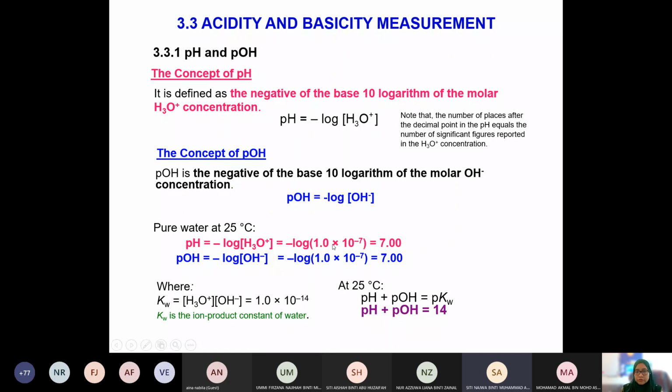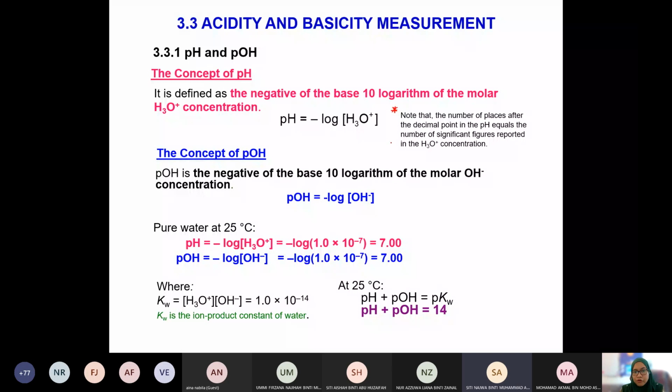Okay, so say this one, the significant figures is 2, right? 1, 2. That means the decimal places for your pH should be 2 as well. This is based on this note here.